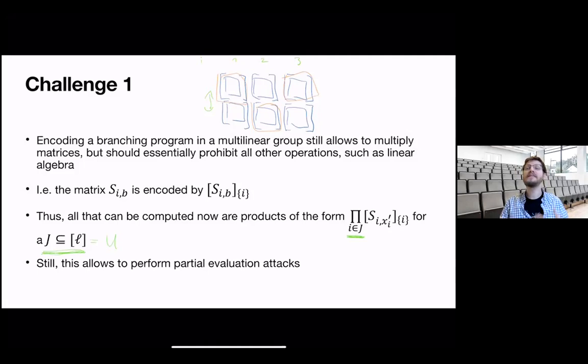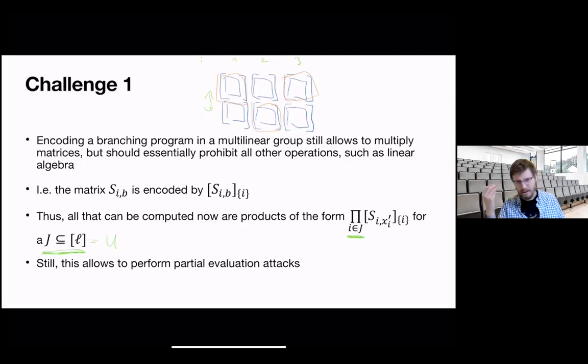The group doesn't have any chance of hiding anything. Think about the discrete logarithm problem when I'm not using a random element.